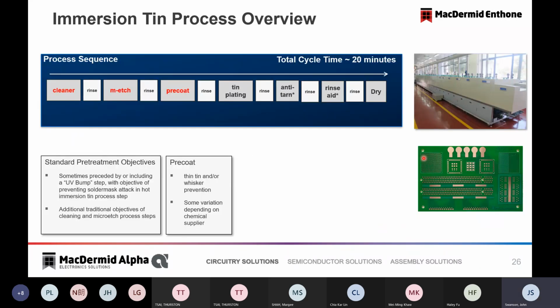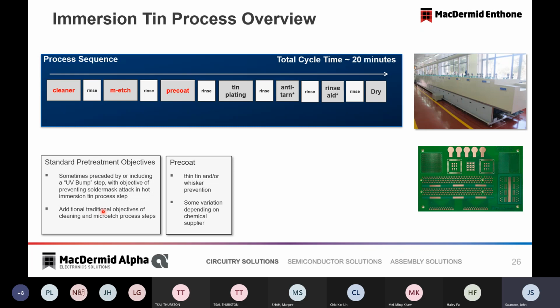The tin cycle is shown here. So similarly, a cleaner, a micro etch, and a pre-coat. One point I want to make here is that the tin chemistry, among all the significant vendors, is generally a hot chemistry. It runs approximately 70 degrees Celsius.